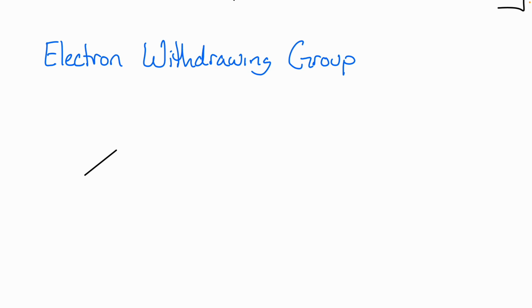All right, so let's show this electron withdrawing nature of this group. We talked about electron withdrawing groups with regard to our dienophiles in our Diels-Alder reactions.